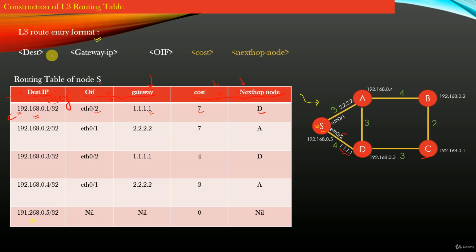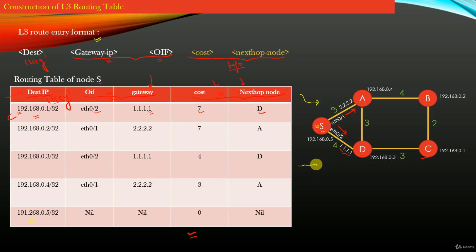So a typical routing table entry format contains a key, which is the destination IP address, and the forwarding information, which is the gateway IP address and outgoing interface, whereas this part, that is cost and next hop node, is only for information. So this is the complete routing table of the node S, and using this routing table the node S knows how it should forward the traffic to reach any destination in this topology, whether it should forward the traffic to this interface or to this interface.